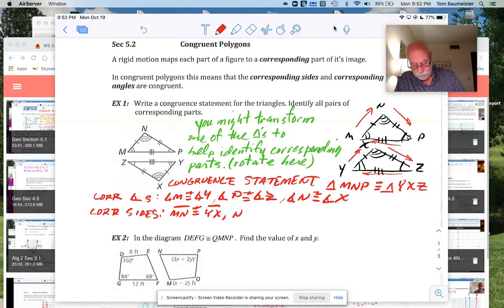NP, which has 2 tick marks, is congruent to XZ, again, line segments, because we're not talking about length or distance. And finally, the last one here I have is PM is congruent to ZY.